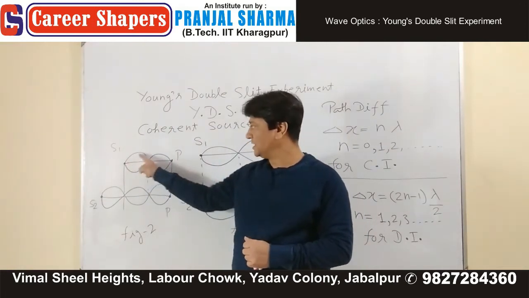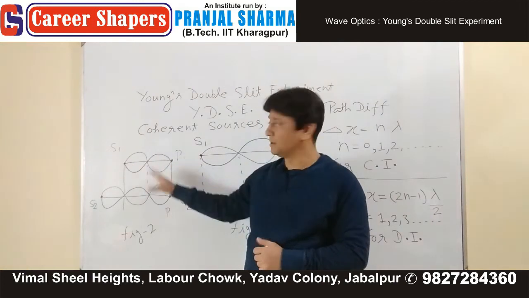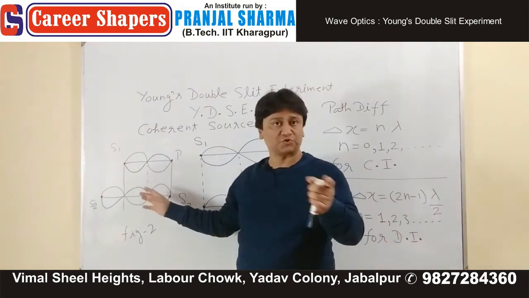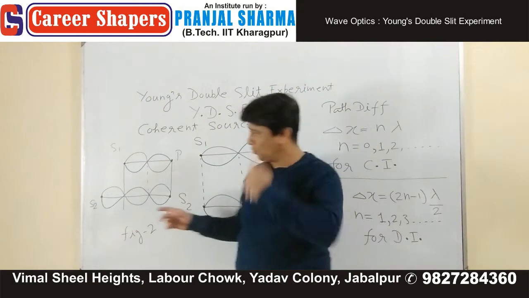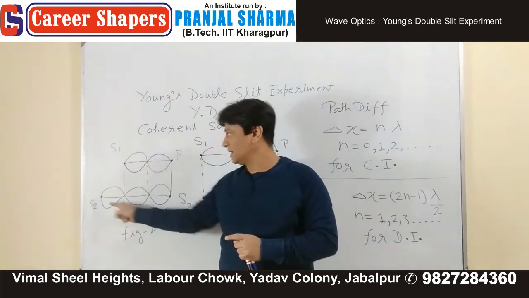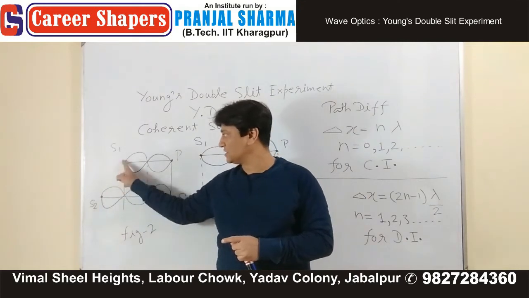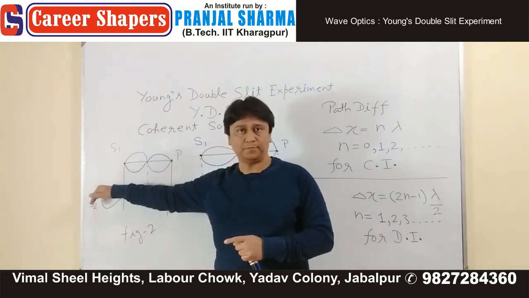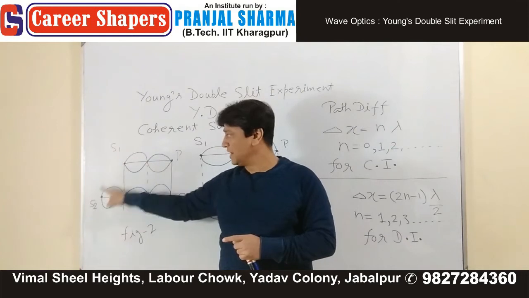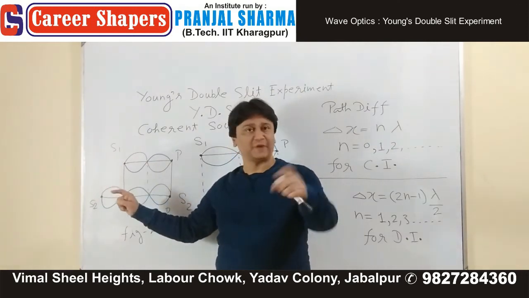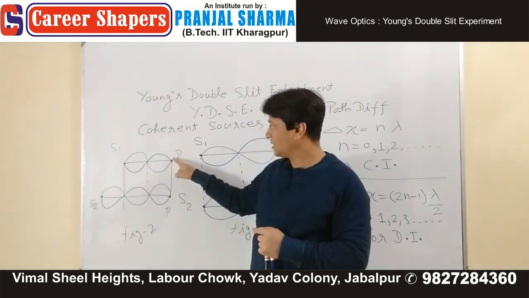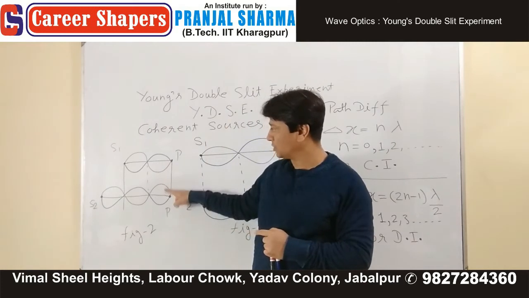We have designed this particular setup for destructive. So what we wanted, S1 sends black, S2 sends black. What is the initial phase difference? 0. Up, up. Between S1 and S2, initial phase difference is what? 0. At P, black interferes with black.